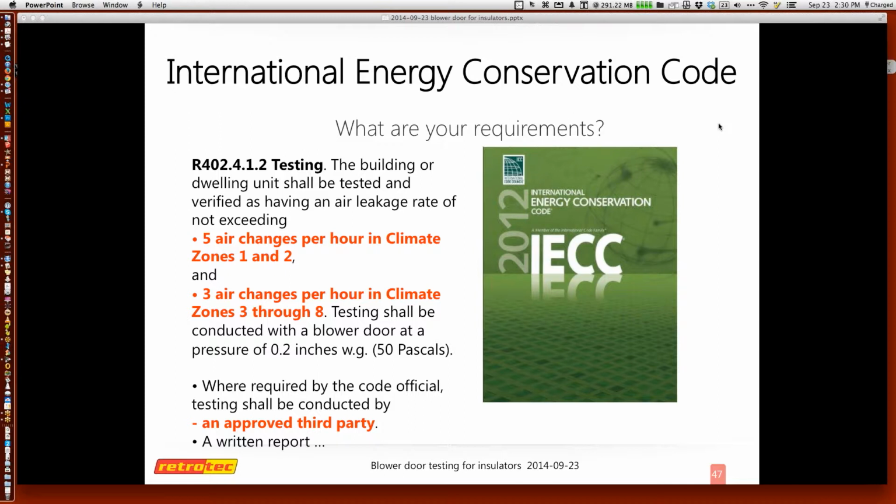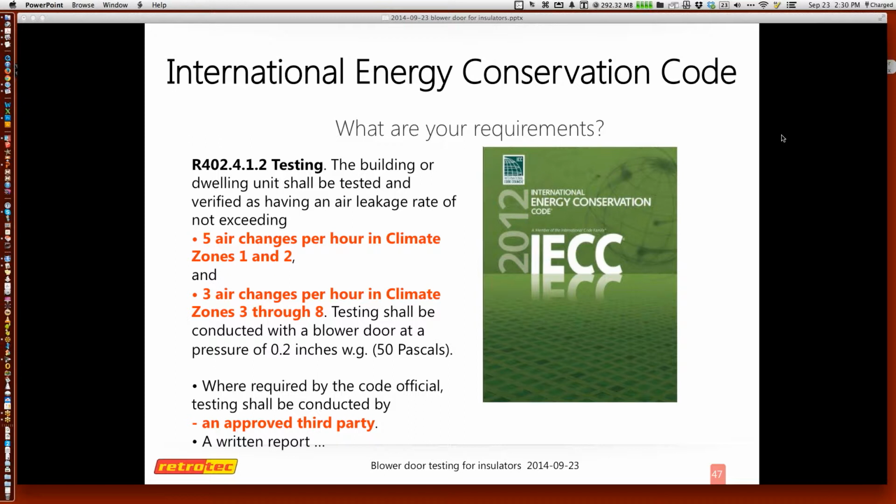I personally think it's great for the industry because it increases the number of people who can do the test. The more people that can do the test, the easier it is to say the test can be done.